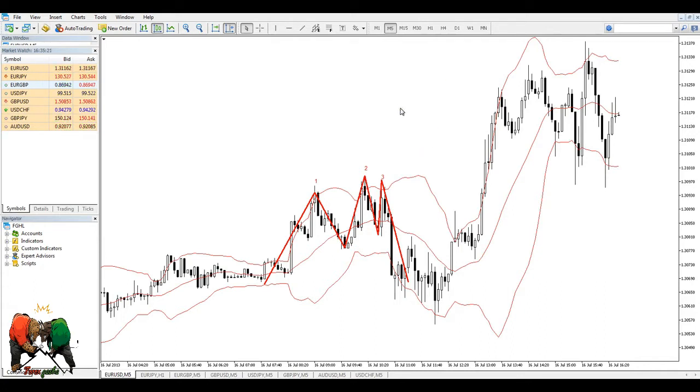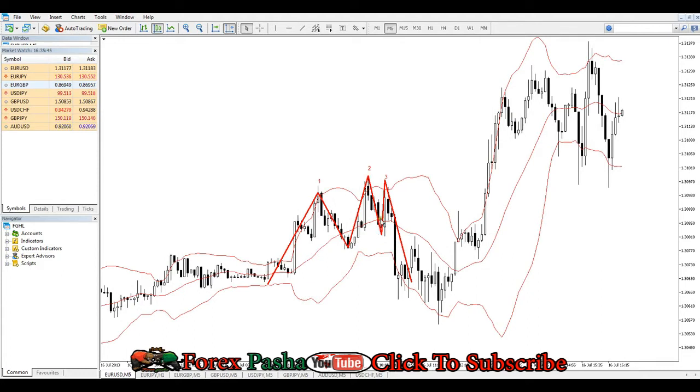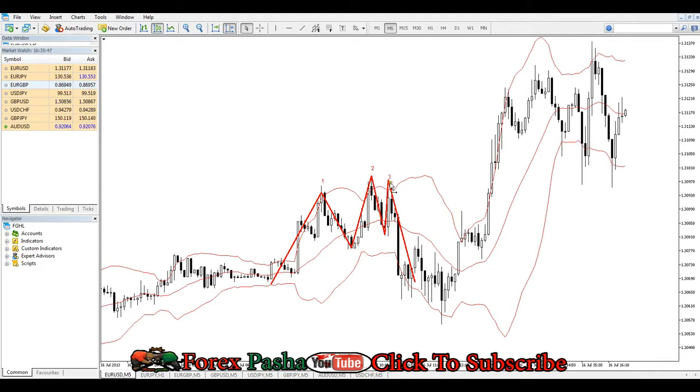So we start forming this head and shoulders pattern. The only other thing you need to do is draw something called a neckline. The neckline is basically a line that connects the 2 troughs formed in the head and shoulders pattern. The first trough is the lowest point between the first shoulder and the head, and the second trough is the lowest point between the head and the third shoulder.